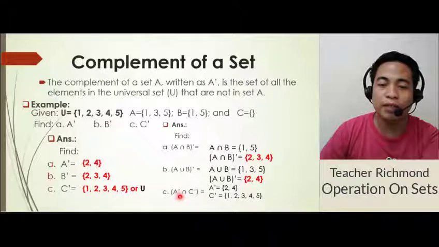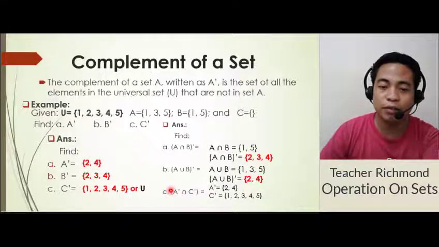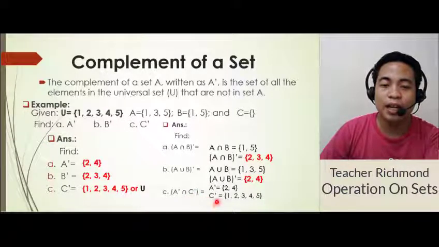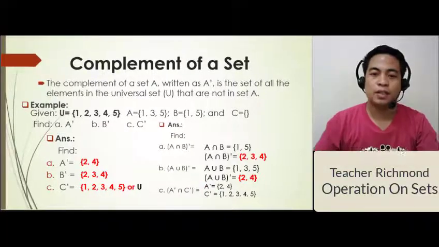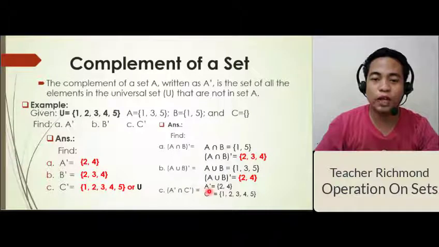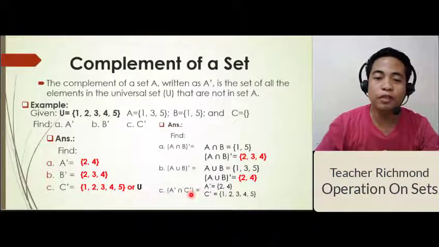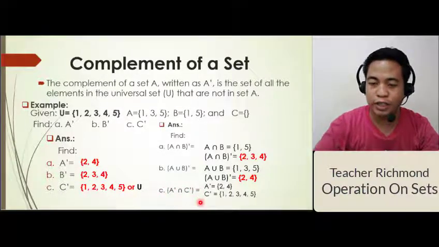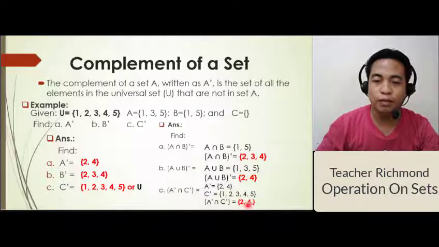Now that you have the values for the complement of set A and the complement of set C, you can get the intersection of both. The complement of set A is 2 and 4, and the complement of set C is 1, 2, 3, 4, 5. So the intersection of the complement of set A and the complement of set C, your answer, is 2 and 4.